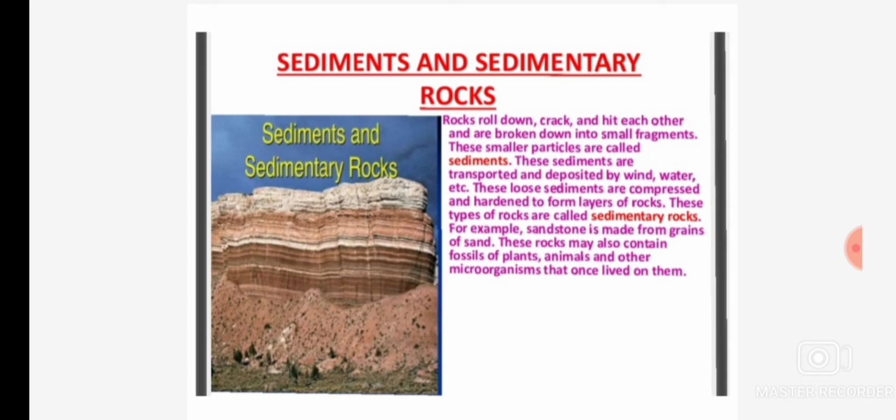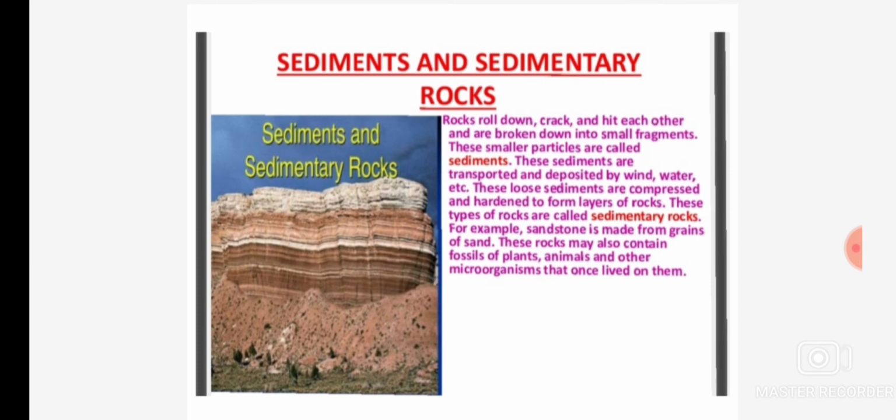Because of weathering, when these igneous rocks crack and get converted into smaller pieces, they hit each other and are broken down into smaller fragments or particles. Those smaller particles are known as sediments, and when they are transported by the wind and water and deposited at some other place in different layers, then these rocks are formed.